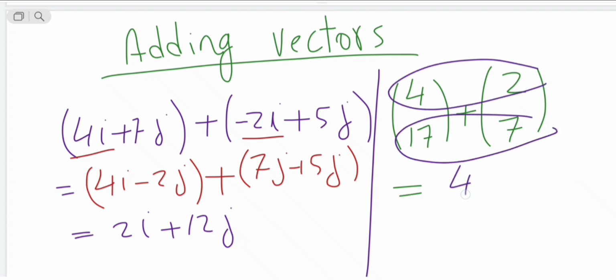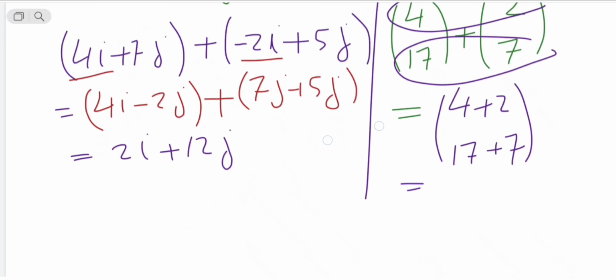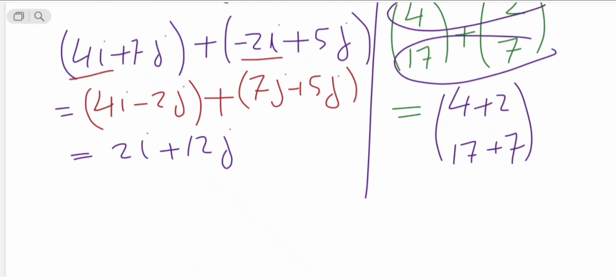So it is 4 plus 2, 17 plus 7. So 4 plus 2, which is equal to 6. 17 plus 7, which is equal to 24. This is our answer. I hope it is clear.